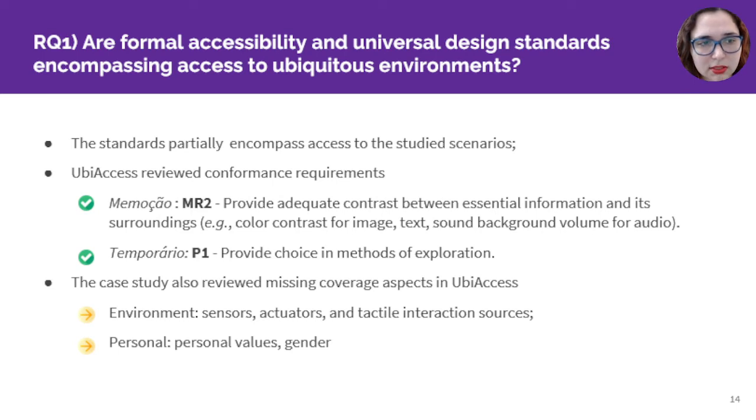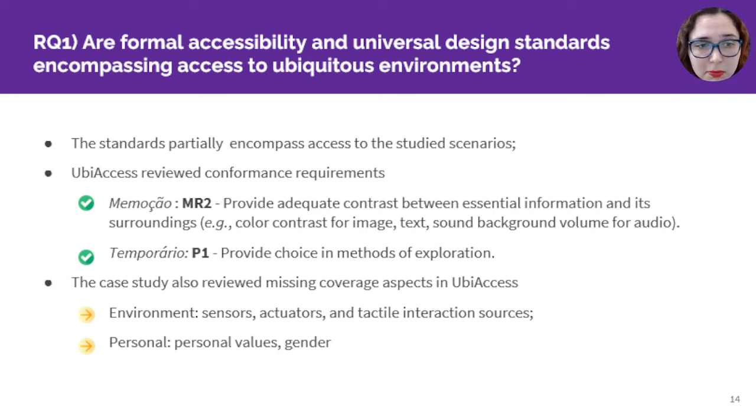Our first research question: are formal accessibility and universal design standards encompassing access to ubiquitous environments? The standards partially encompass access to the studied scenarios. UbiAccess reviewed some conformity requirements, for instance, from Memoção, Multimedia Resource 2, provide adequate contrast between essential information and its surroundings, so color contrast for image and text, and background sound volume for audio.